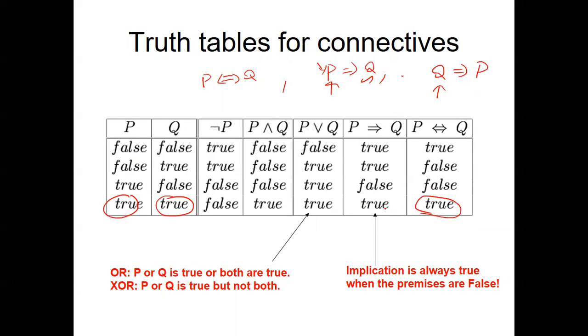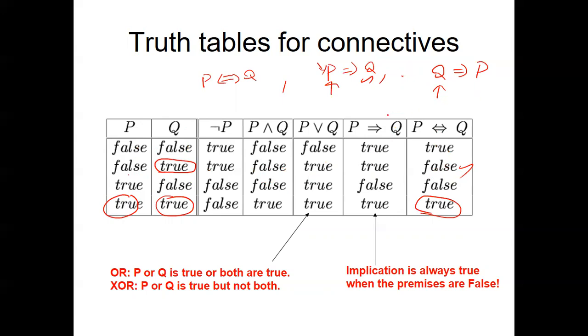And where Q is true, P should be true. Here Q is true, but P is not true. So this is not acceptable by bidirectional. So this is false, right?